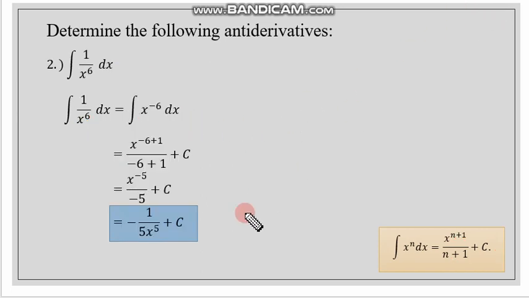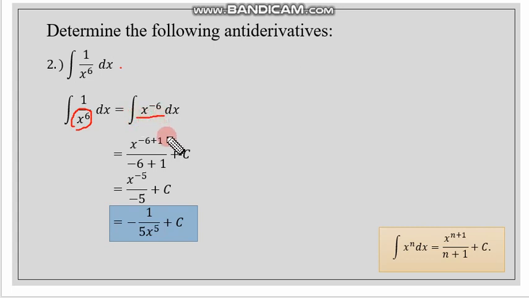So using the same theorem, for number 2, 1 over x to the 6 dx. In order to use theorem number 2, or letter B, since this is a rational function, we will convert it into a power function. So 1 over x raised to the 6 is equivalent to x raised to negative 6.